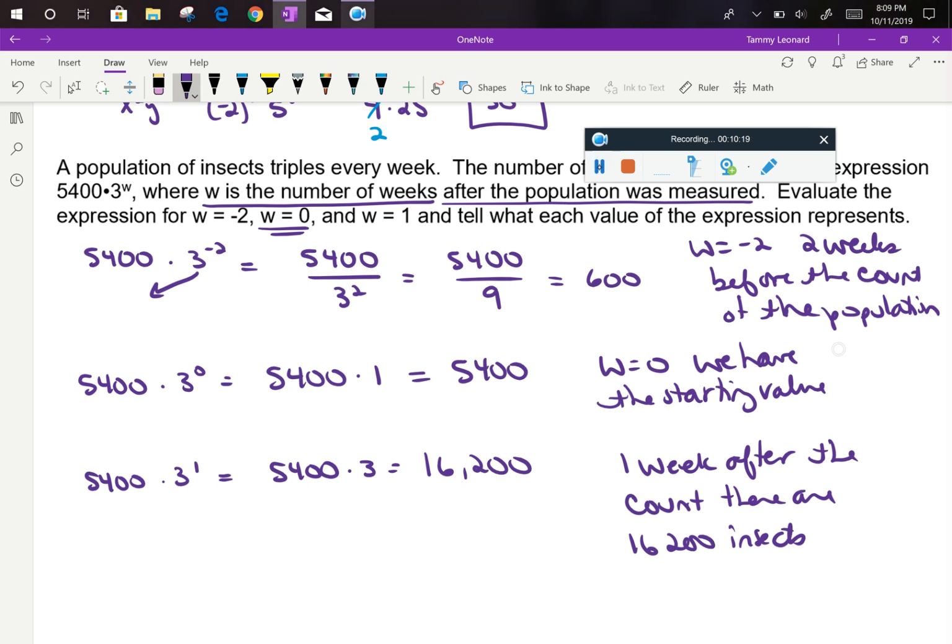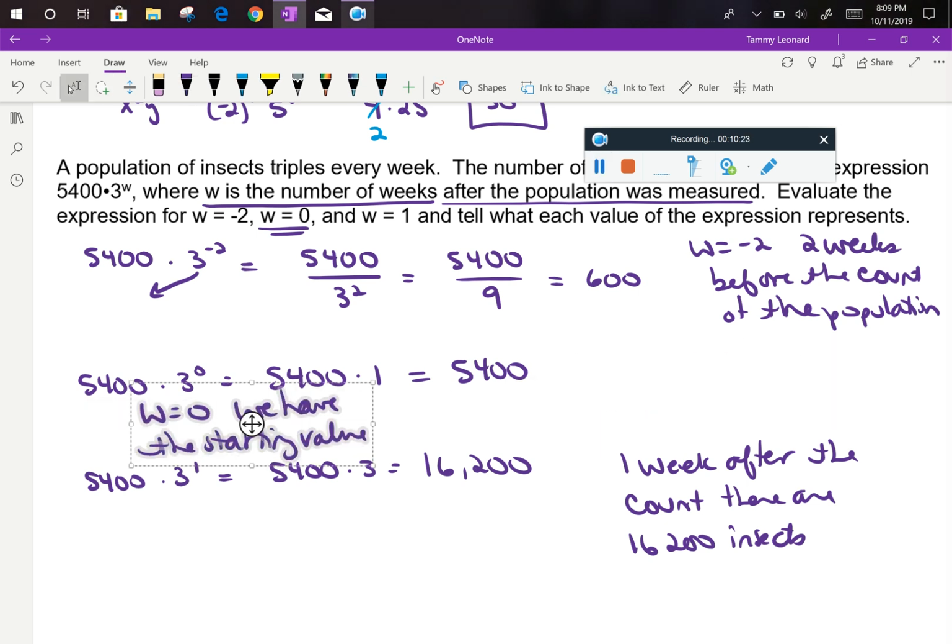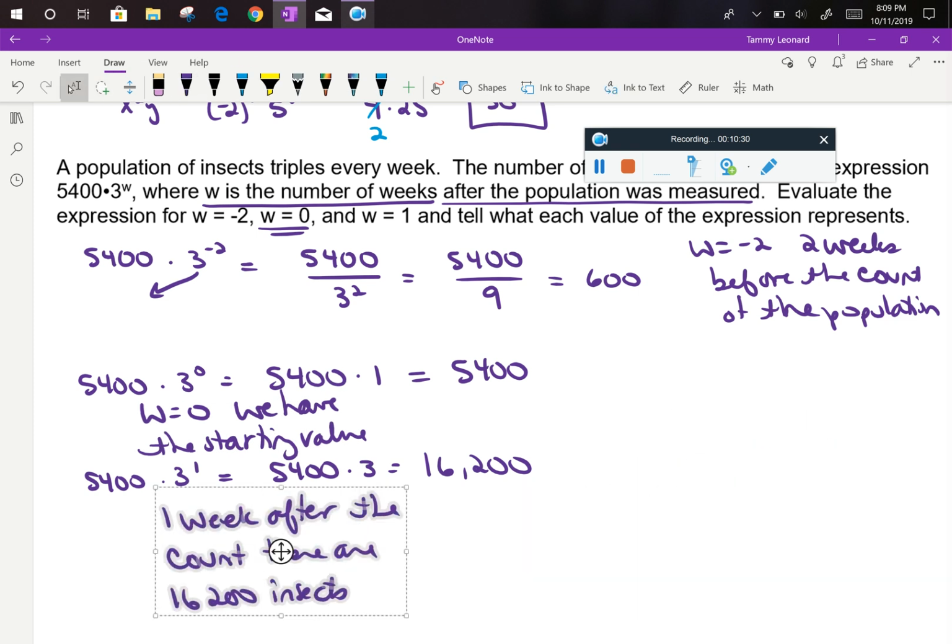Since we see that the count of the population was 600 2 weeks before the count was taken, that means that the population was much smaller before they counted. So 2 weeks before the count of the population, there were 600 insects.